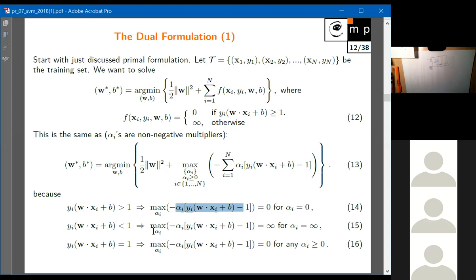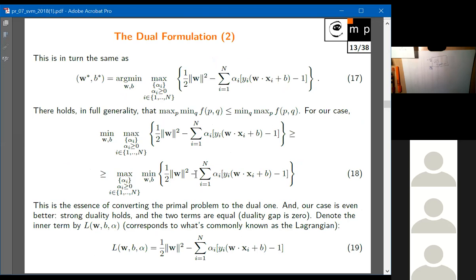If it was not satisfied, this would lead to a maximum value, so we can't do that. We'll have to find a solution where this doesn't happen. And if this constraint is exactly satisfied, then we can achieve 0 for some alpha which is greater than 0. Because we maximize, the alpha will be non-zero.